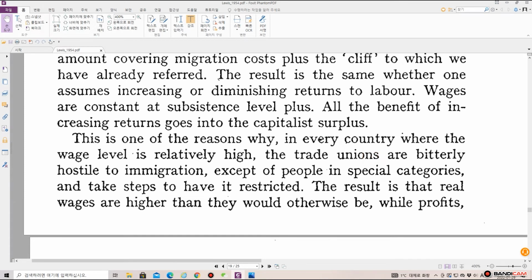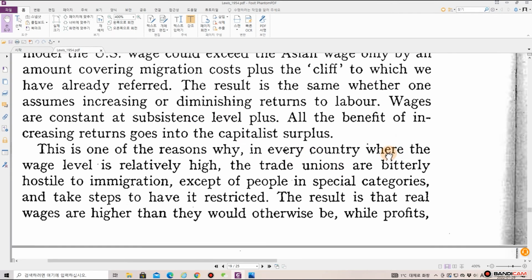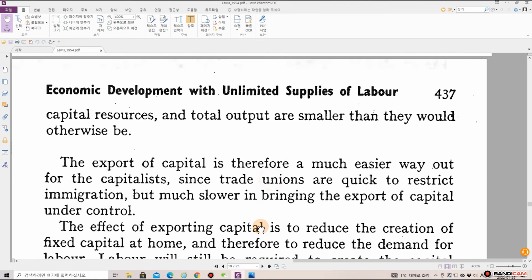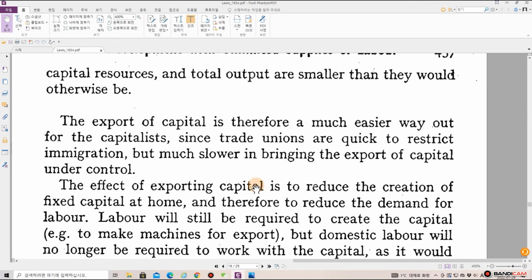The result is that real wages are higher than they would otherwise be, while profits, capitalist resources, and total output are smaller than they would otherwise be. The export of capital is therefore a much easier way out for the capitalist, since trade unions are quick to restrict immigration but much slower in bringing the export of capital under control.